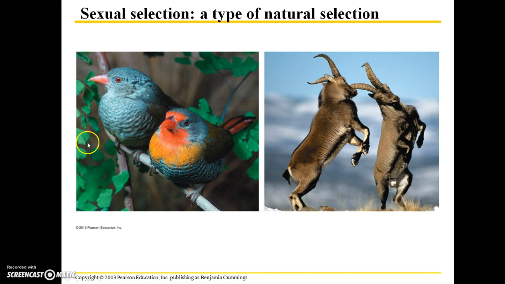Of course, here we have sexual dimorphism at work. We have two birds here. They are the same species, but this solid blue one is a female, and this multicolored one is a male. In birds, most often the males are going to be more colorful.